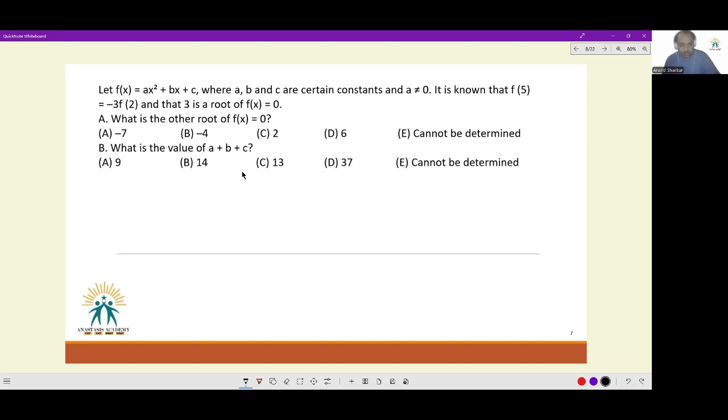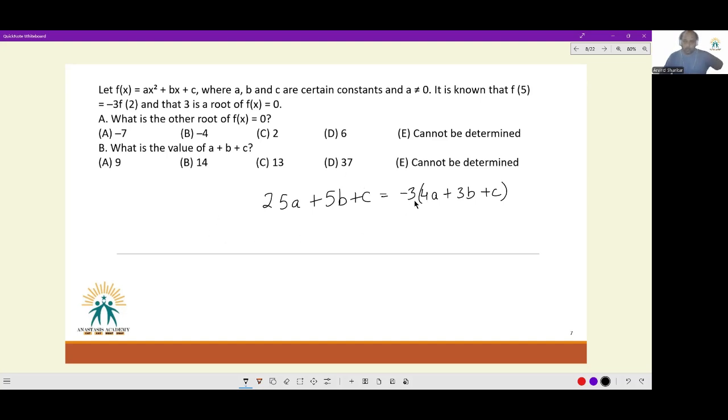So 3 is the root of this expression, and f(5) is 25a plus 5b plus c is equal to minus 3 times of 4a plus 3b plus c.